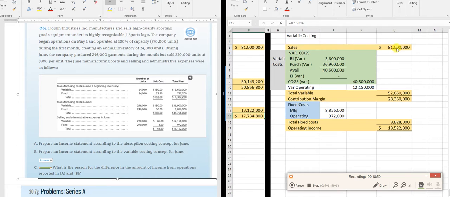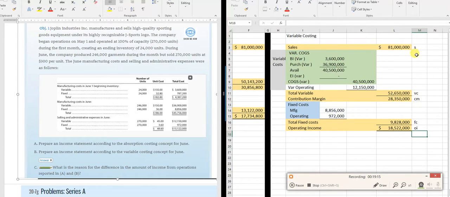So 270 times $300 per unit is 81 million. So notice it's the same as over here. Then I'm going to have my subtract. The format for the variable costing is sales minus variable cost is contribution margin minus fixed costs is operating income.